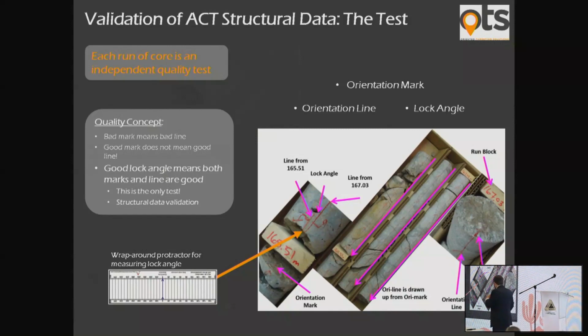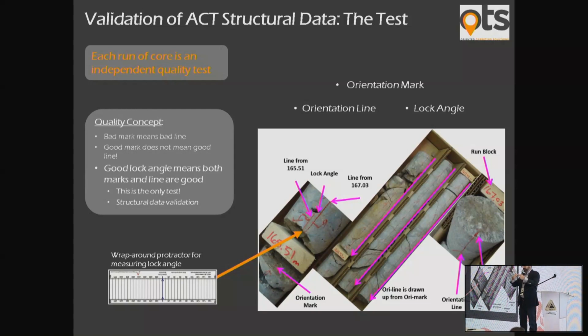So we have a quality control process for the rest of the data. If we drill a run of core, you can see there's an orientation mark at the downhole end of the run and a line drawn up the core. We're trying to get this mark to match with the mark for the run that was previously drilled. There's a probability statistic in our quality control system: there's a very low probability of a mark from one run randomly meeting the mark from the previous run.